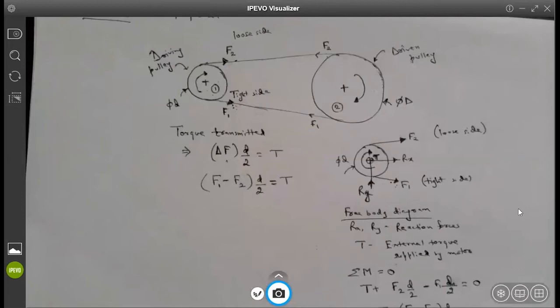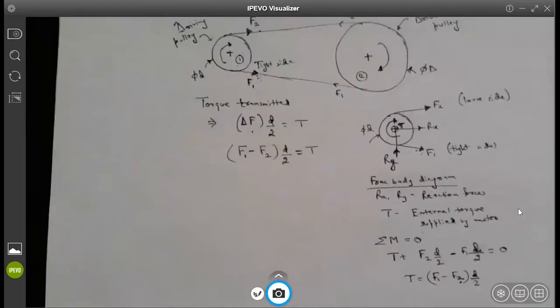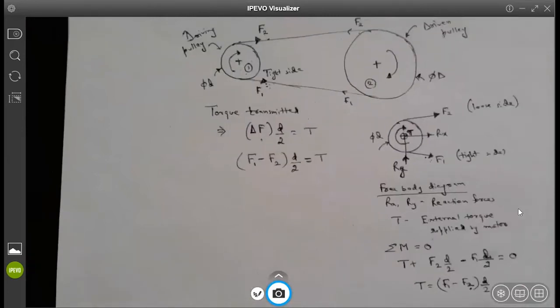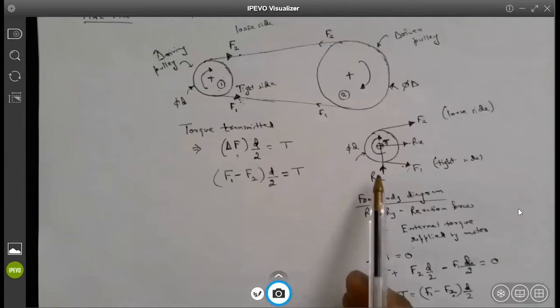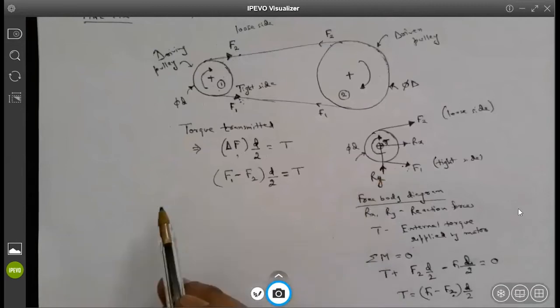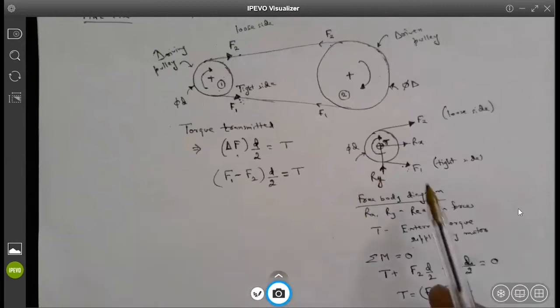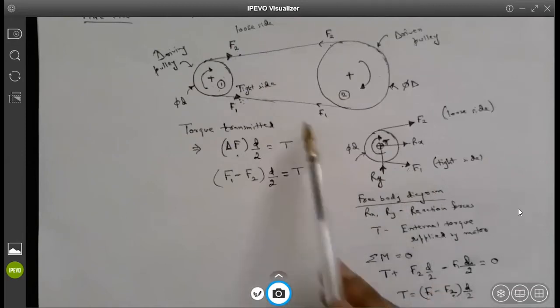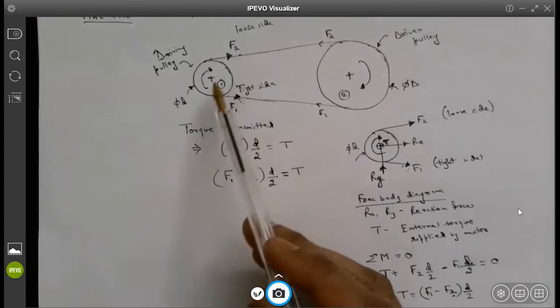Okay, great. So having said that, what we need to know next is how to relate the tight side tension and loose side tension with the angle of wrap and the friction.